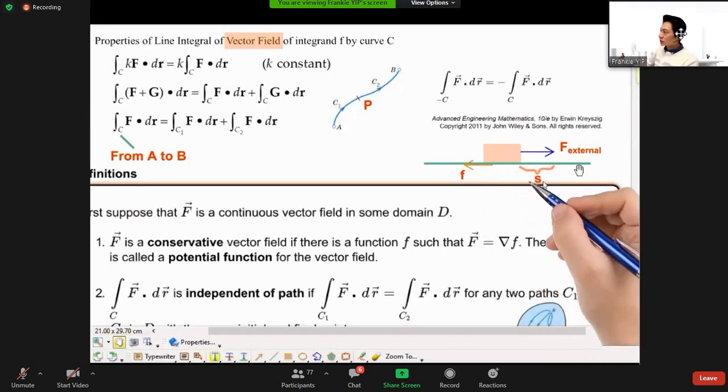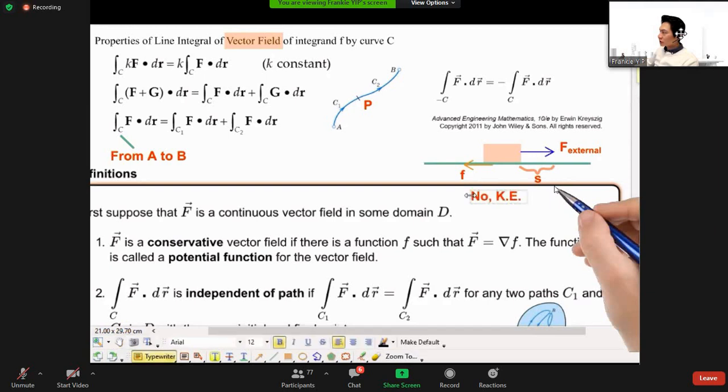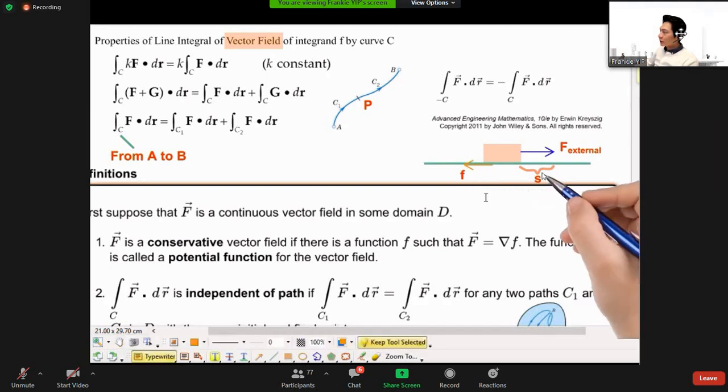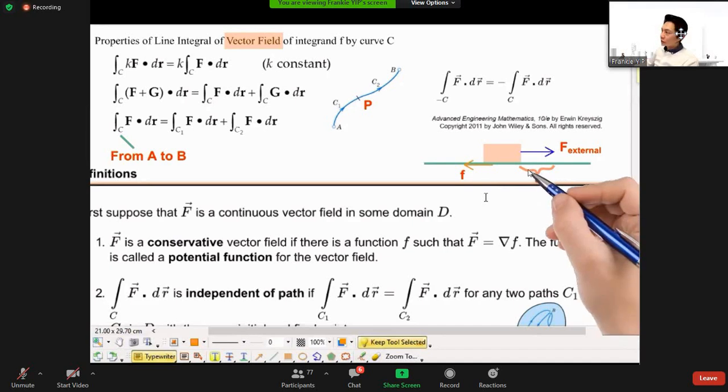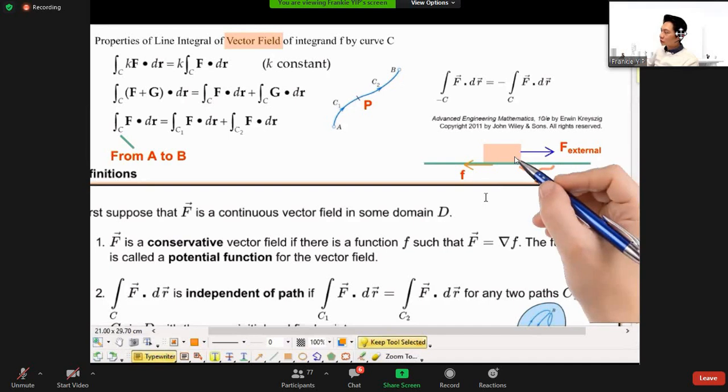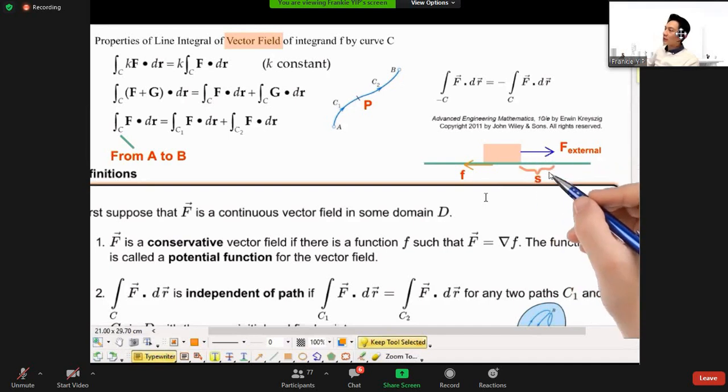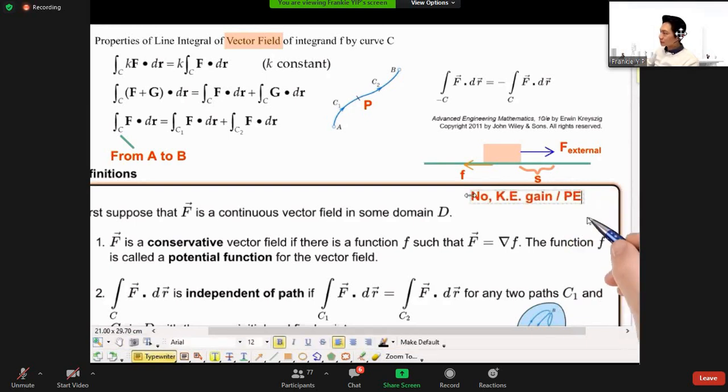Okay, if we are going to pull the block through a displacement S, what will be the work done? That's easy.